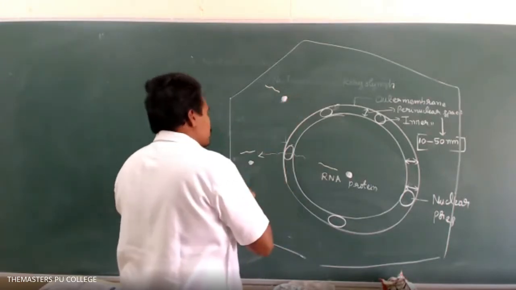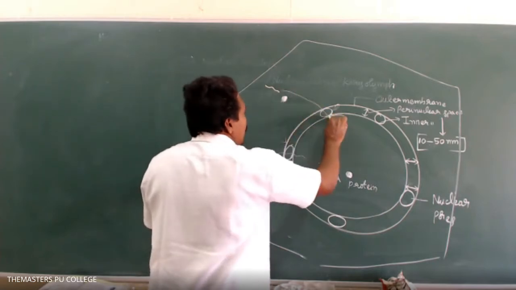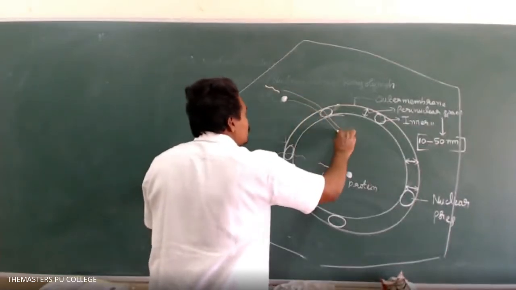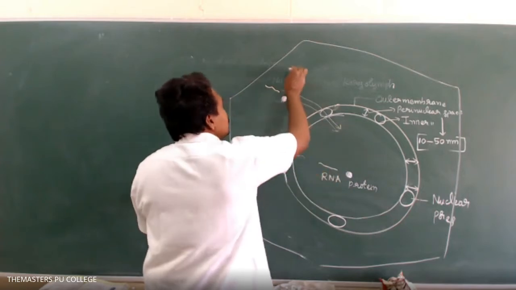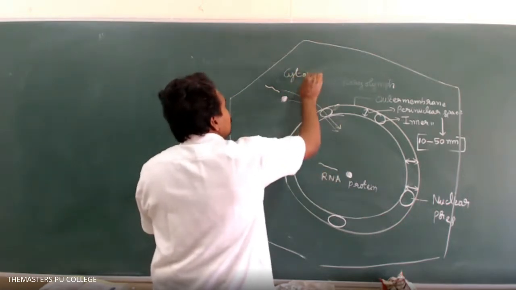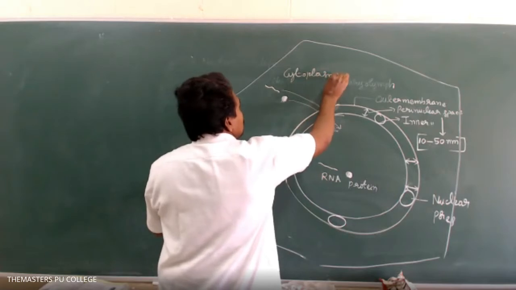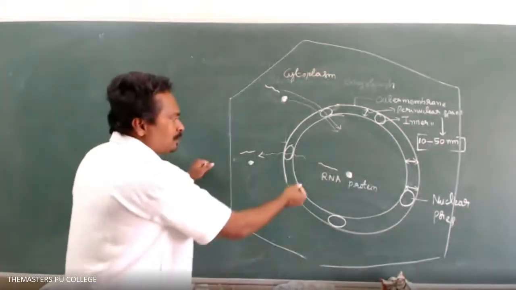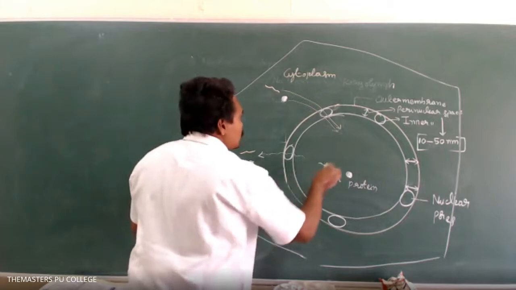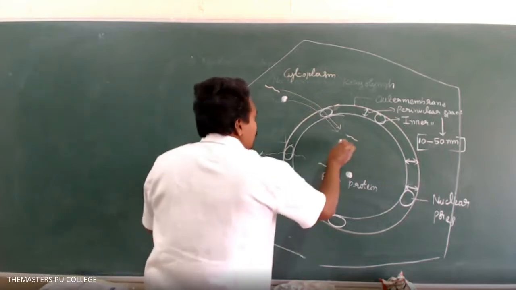So in both directions, the RNA and proteins move between the cytoplasm and nucleoplasm.